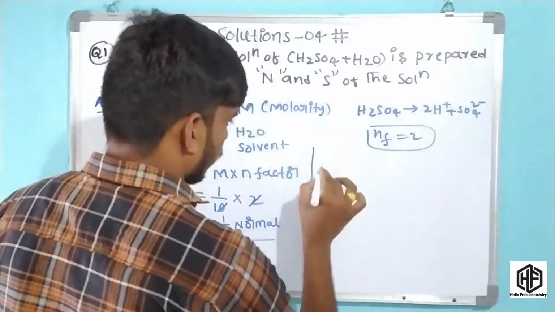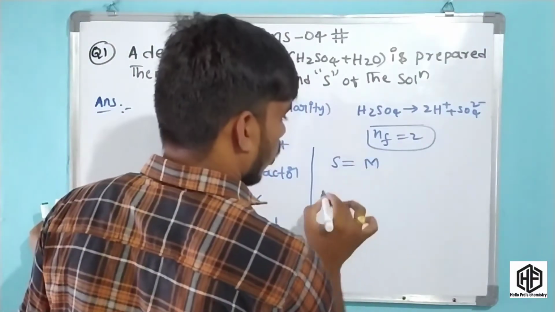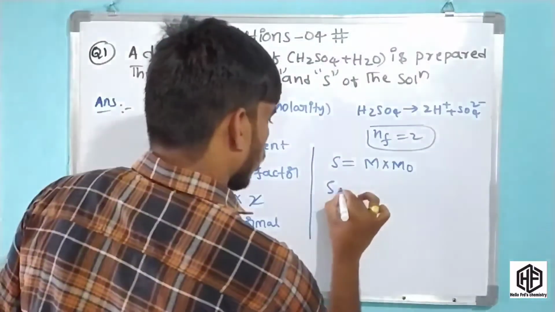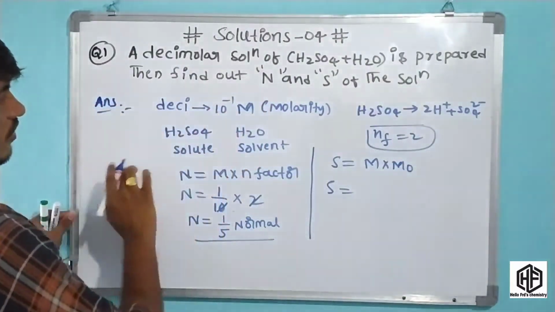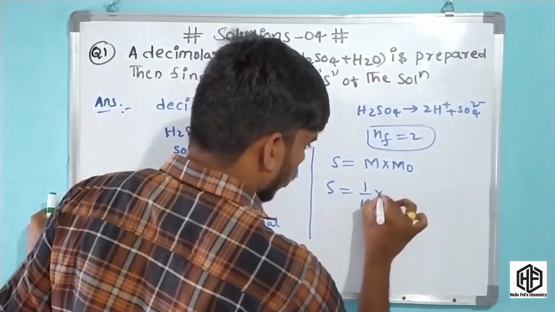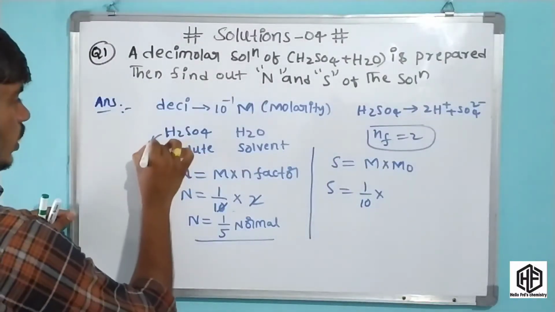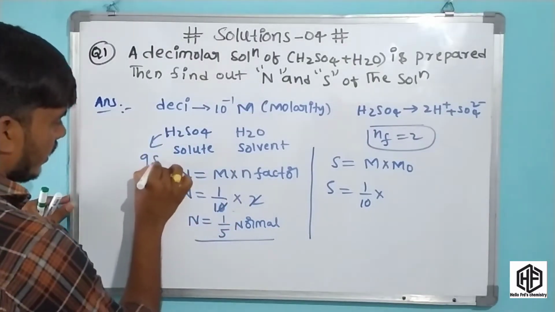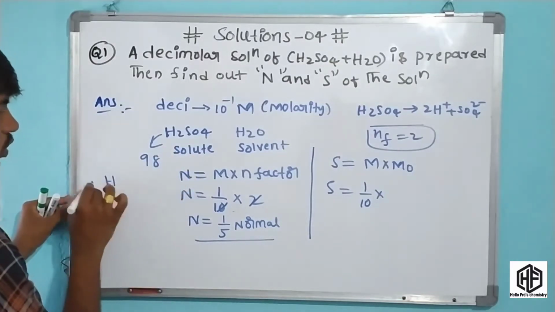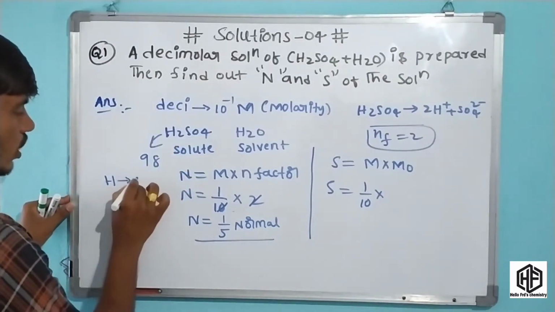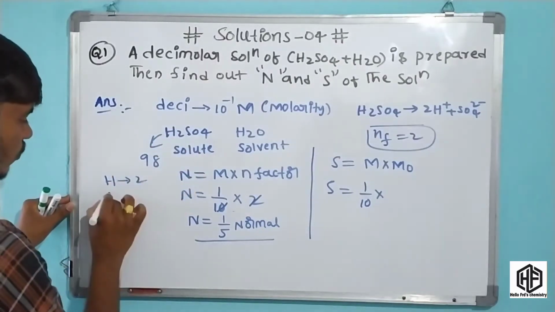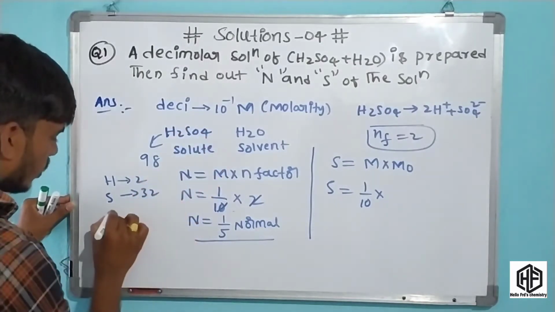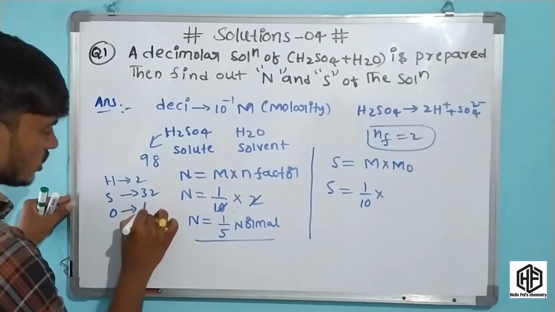Okay friends, this is the normality. Now strength is equal to molarity into molecular mass of solute. Molarity given in the question is 1 by 10. For the molecular mass of the solute H2SO4: 2 hydrogens is 2, sulfur is 32, and oxygen is 16 times 4, which is 64.